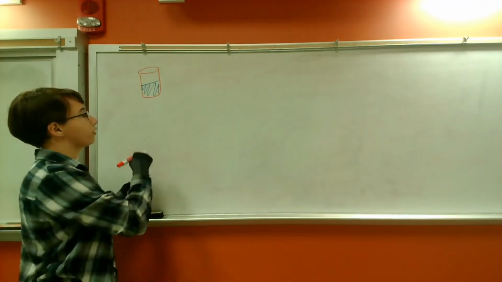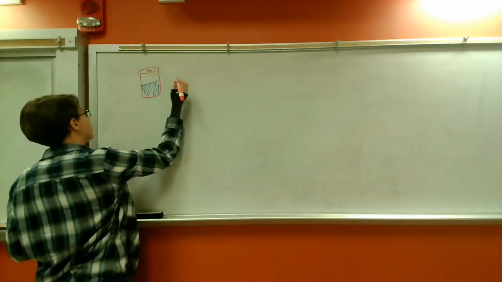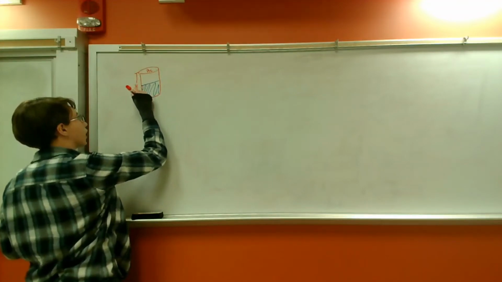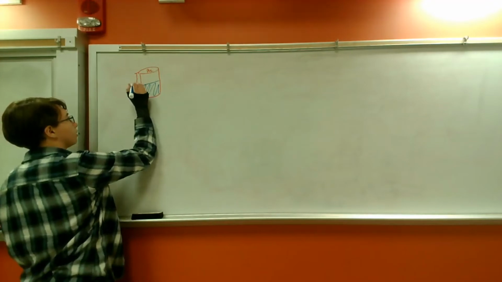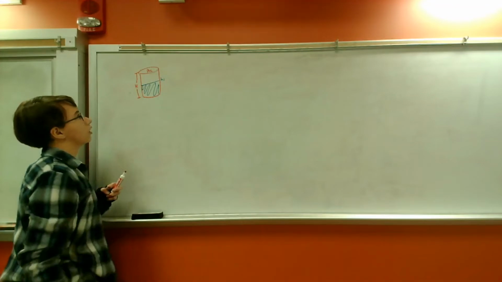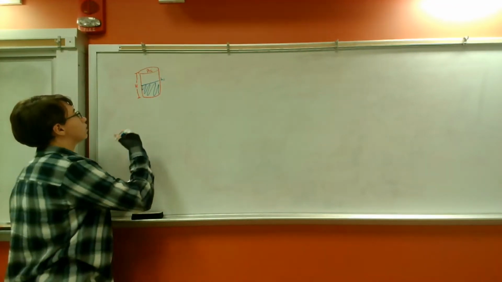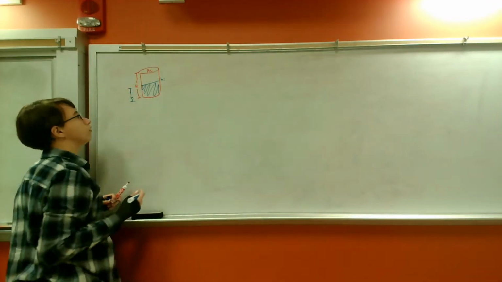Now this cylindrical container has a cross-sectional area of AC and a height of capital H. The liquid initially has a height of H initial, and then just the liquid level in general is going to have a height of lowercase h.